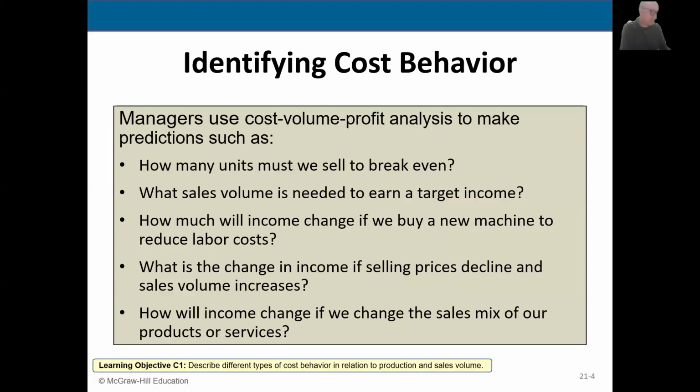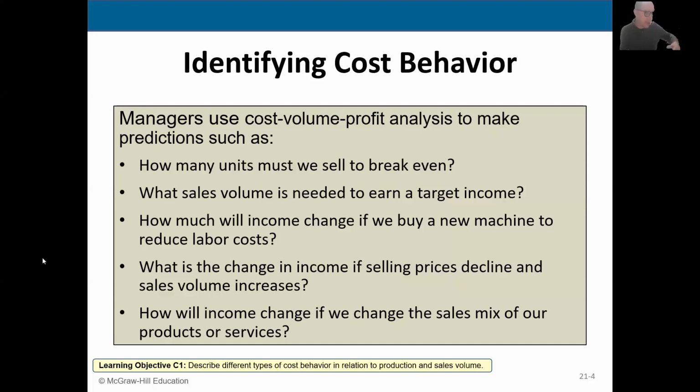And then, of course, in business, you know that we don't just sell one product. In most cases, most businesses sell multiple products. We need to understand what happens when there's a change in income based off of a change in the sales mix of those products.